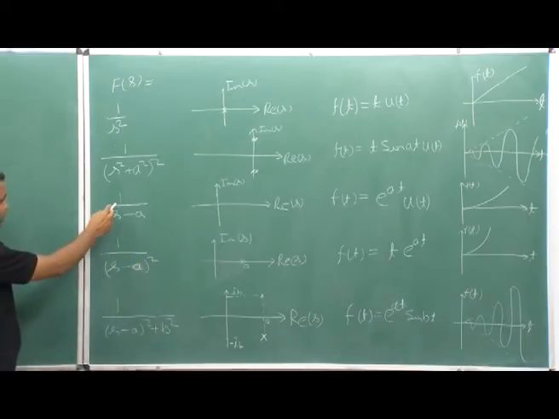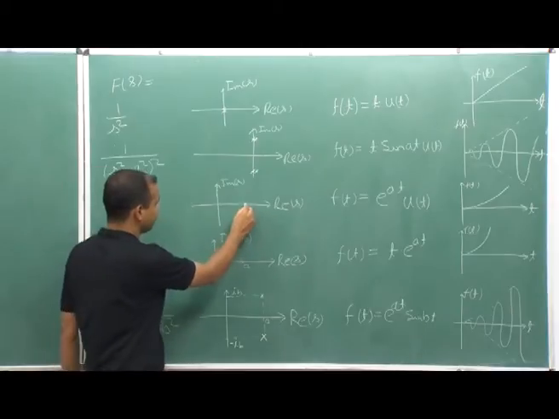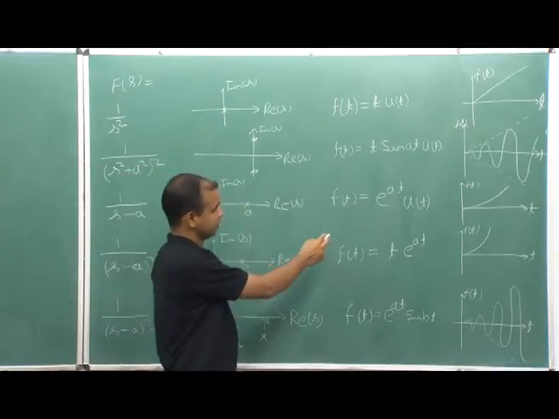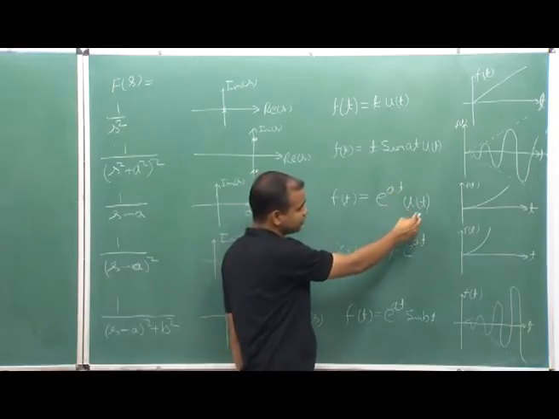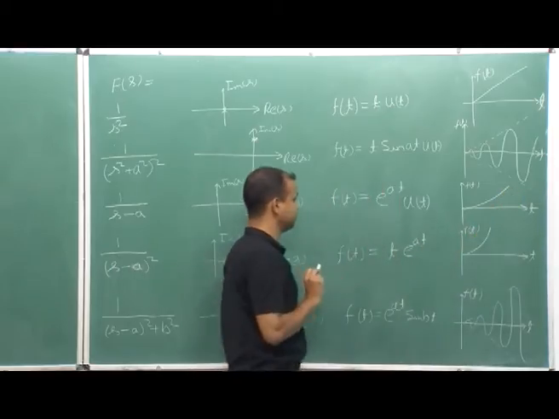If I have a transfer function 1/(s - a), in this case my pole will be at s = a, and the response will be e^(at) u(t), and this will diverge with time and the system is unstable.